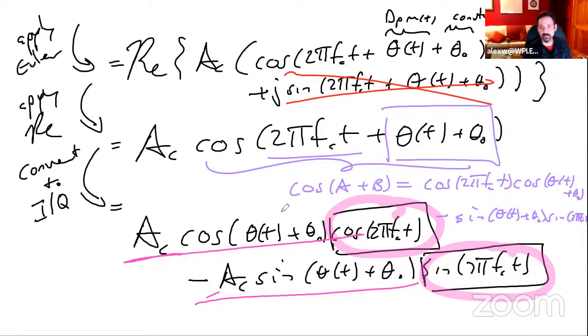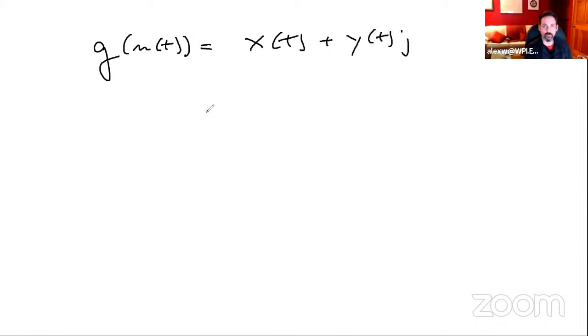But what this does, okay, if we now convert this into I and Q mappings, right? So if we go back to the G of M of T, and we have X of this plus, right?